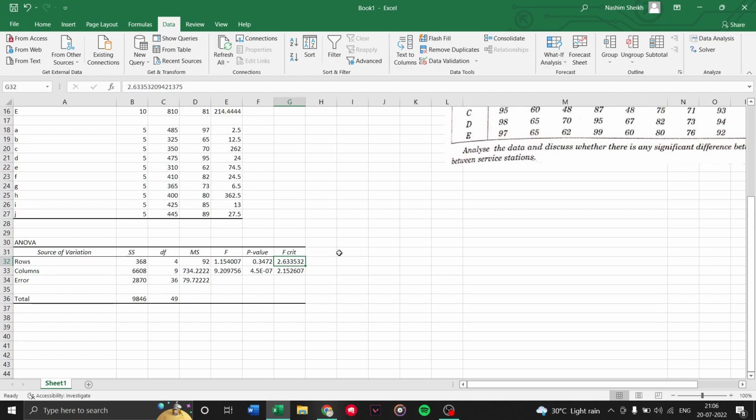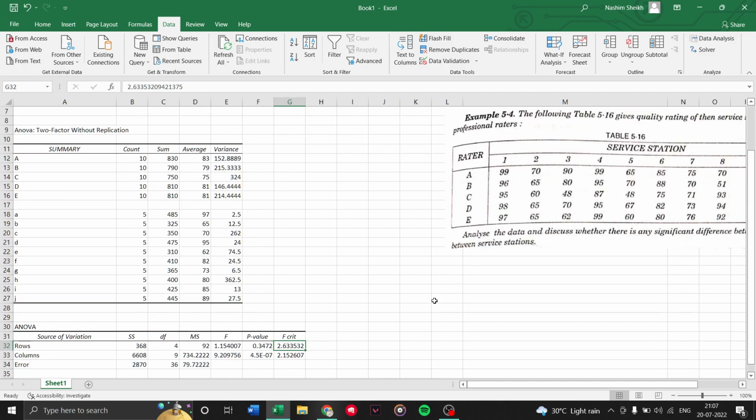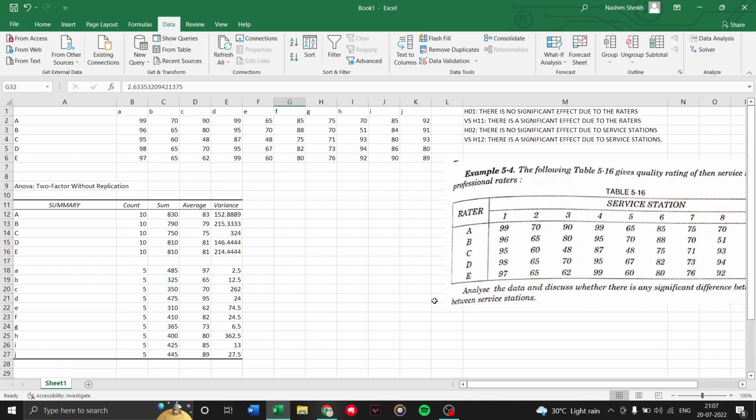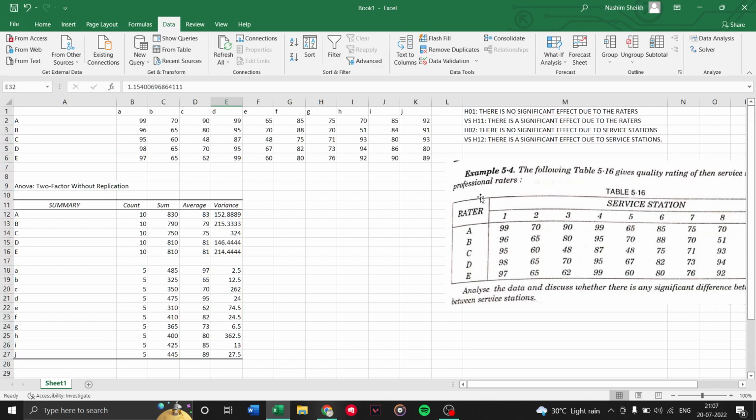So when the observed value is less than the critical value, we fail to reject the null. We cannot reject the null in that case, and therefore from comparing the F observed value with the F critical value, we conclude that we accept the null hypothesis that there is no significant effect due to the raters on the ratings.